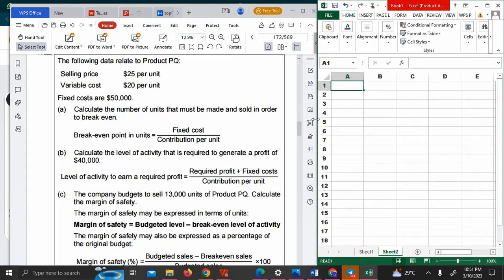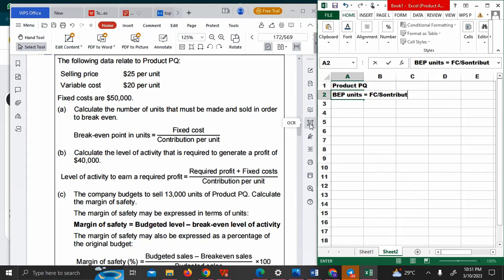Yeah, better. So they said the following data relate to product PQ. All figures are assumed correct. Fixed cost is this. Number one is the break-even point in units. For the break-even point in units, we have fixed cost divided by contribution.